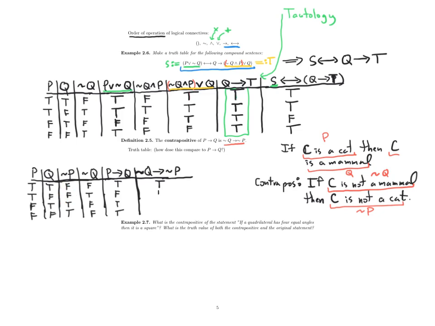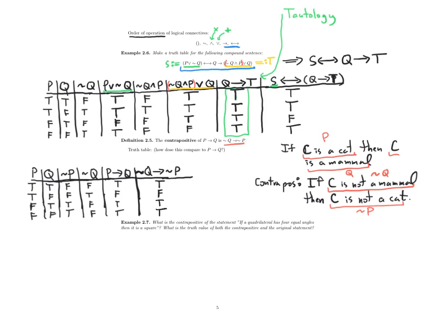That's the situation where a conditional statement is false. Here we have the if part being false, and here we have the if part being false. So in both of these scenarios, we know that the conditional is true.